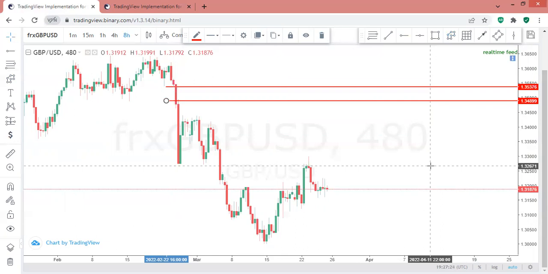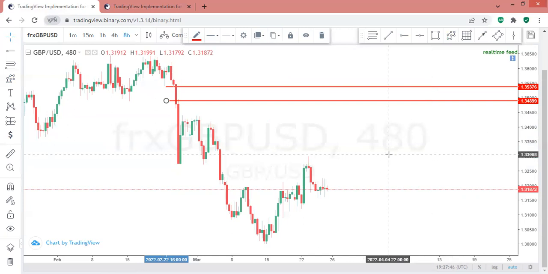Because you definitely are not going to look for your entry on this 8 hour. No, we don't look for entry there. I don't even look for entry on 1 hour. I can't afford the stop loss.